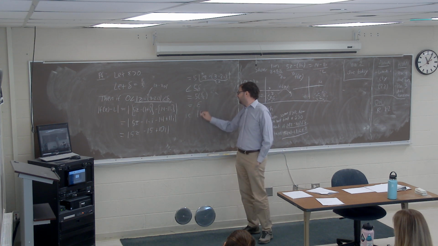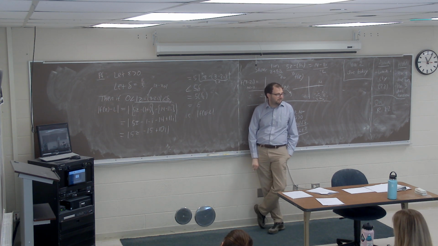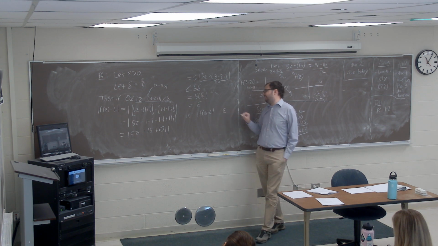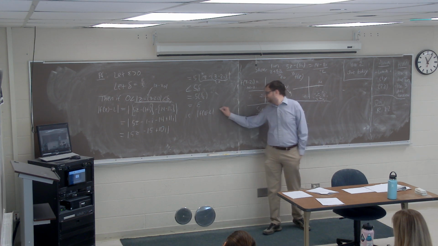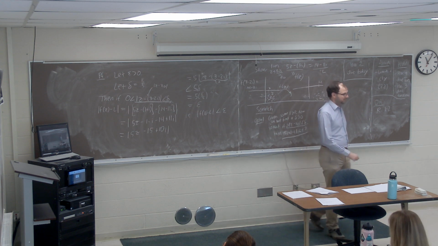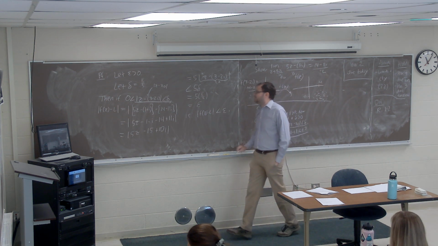That the distance from f of z to L equals the distance from z minus z naught. I don't think they're equal. I think one is a fifth of the other. What relationship does this have to epsilon? It is less than, strictly less than epsilon. Yeah. You got it. And that's what we needed to show.